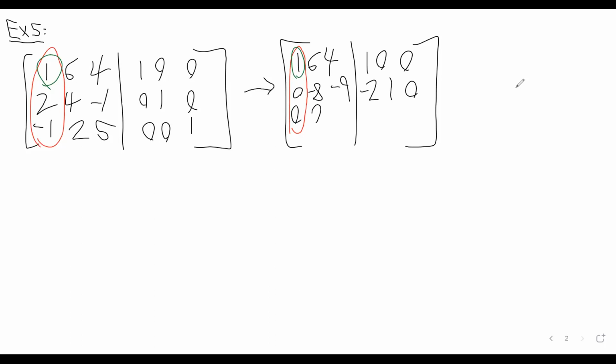So then it's 8, 9, 1, 0, 1. Okay, so we now have that. So now all the entries below it are 0.